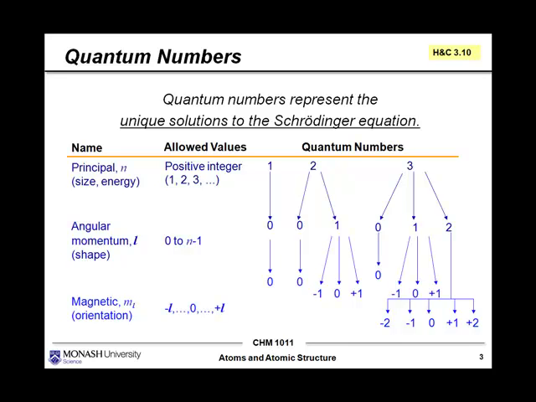If the principal quantum number is 2, then l can take on the values of either 0 or 1. And depending on what l is, ml can take on the value of 0, minus 1, or plus 1. If the principal quantum number is 3, then l can take on values of 0, 1, or 2. In this case, ml can vary anywhere from minus 2 up to positive 2.